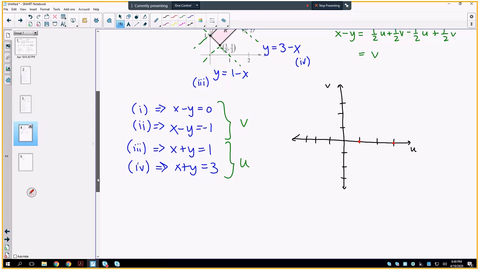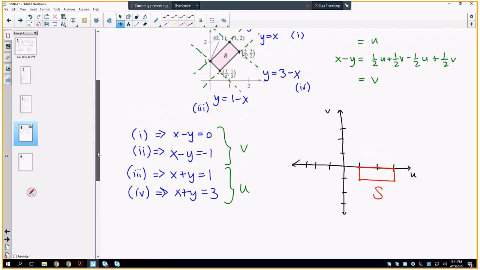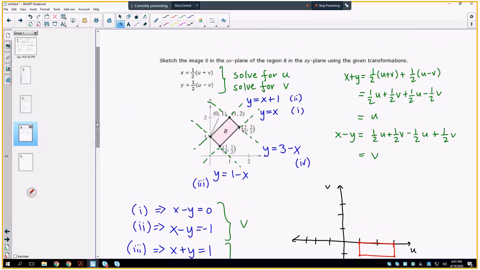So from here up. So this is the transformed region S that came from the region R under the transformations that were given.